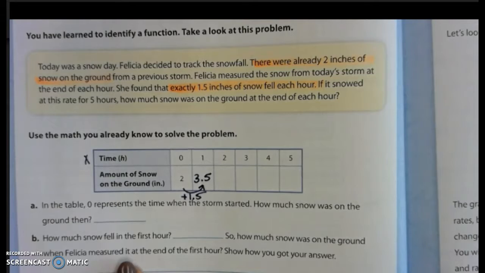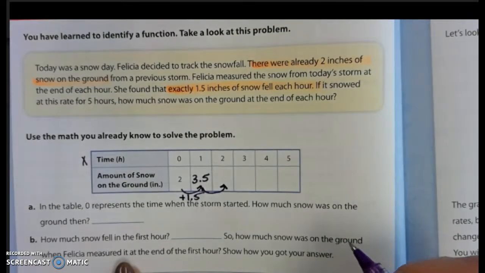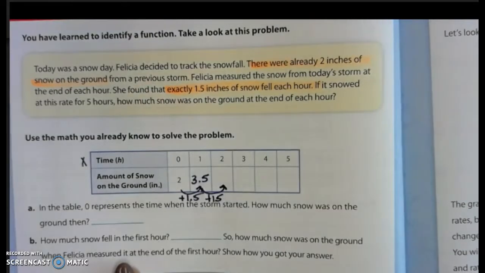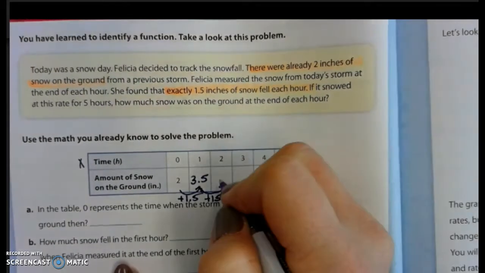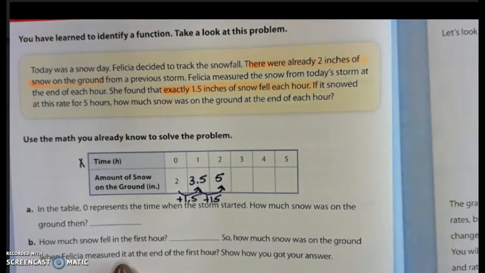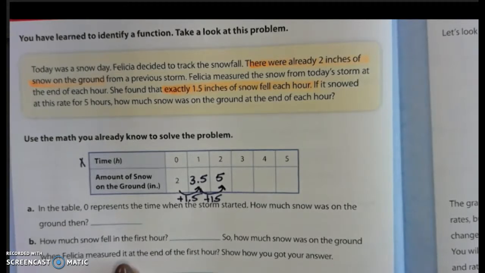Now, she's going to go back in the house, and an hour later, she's going to come back and measure again. Well, when she measures again, there is an additional 1.5 inches of snow. So we add that to our 3.5, and now there's 5 inches of snow. So after 2 hours, we have gone from 2 inches of snow to 5 inches of snow.